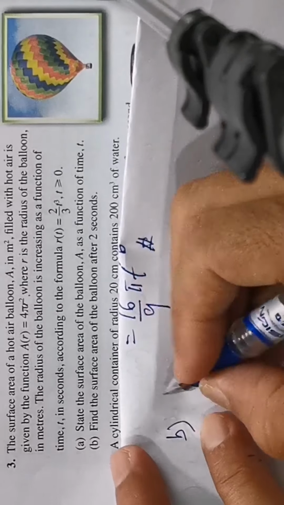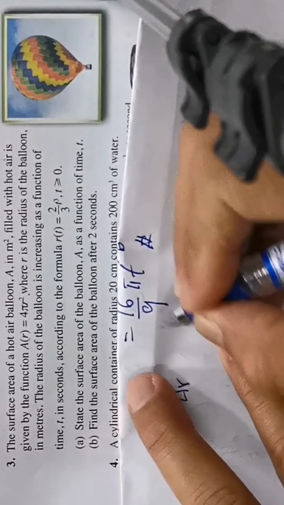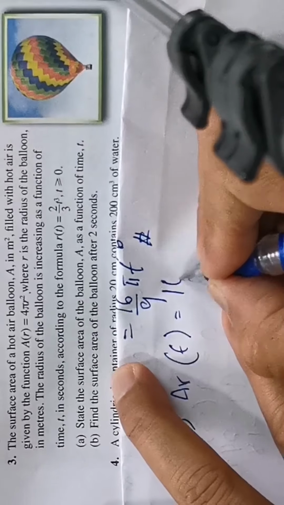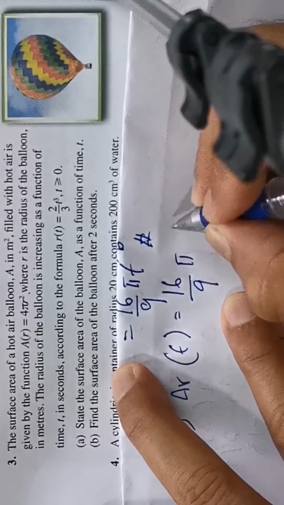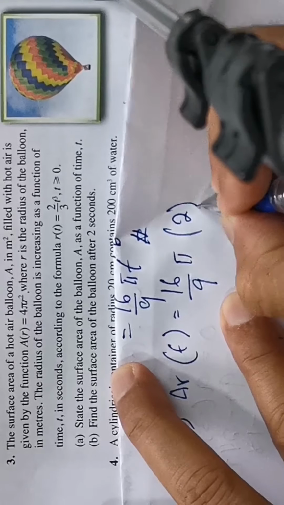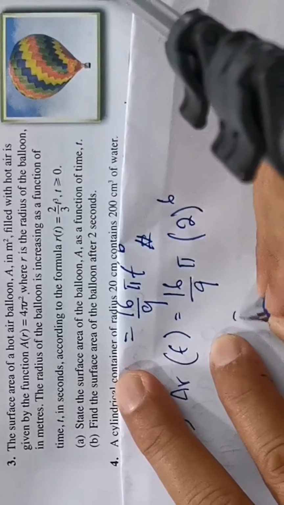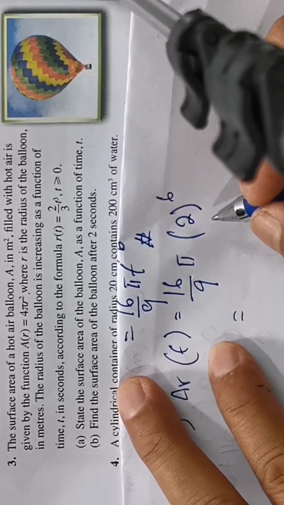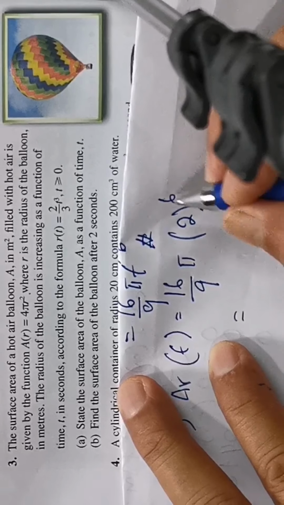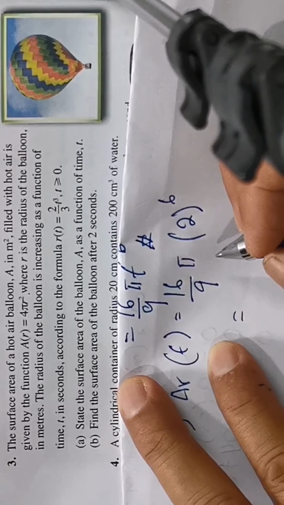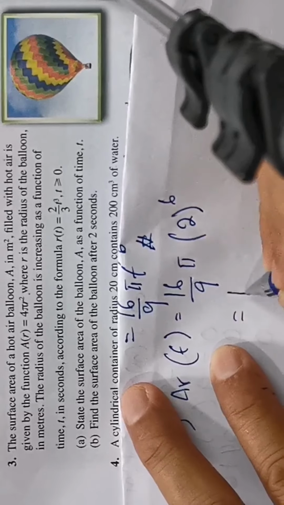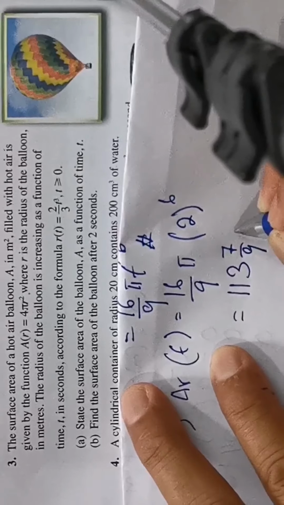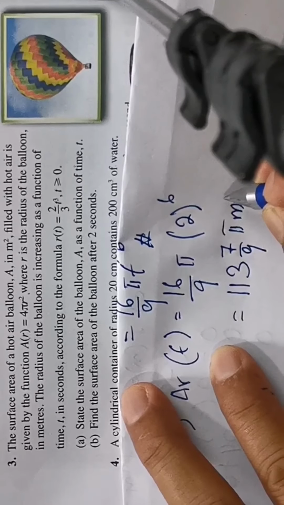So A in terms of t equals 16 over 9 pi, and then replace t as 2 to the power of 6. Pressing the calculator, 16 over 9 times 2 to the power of 6, you will get 113 7 over 9 pi m squared.